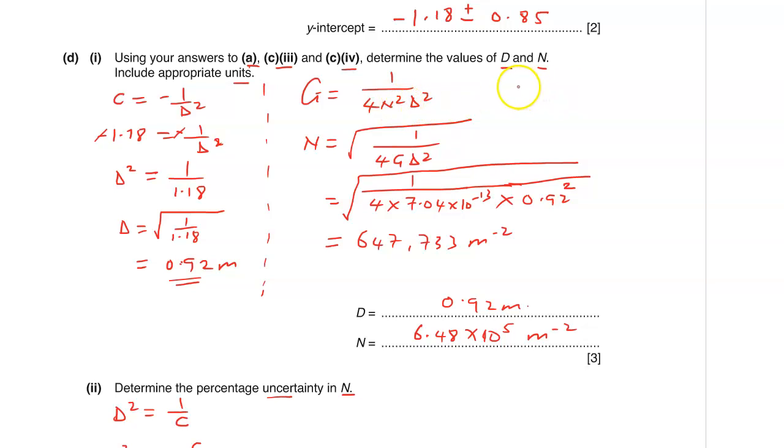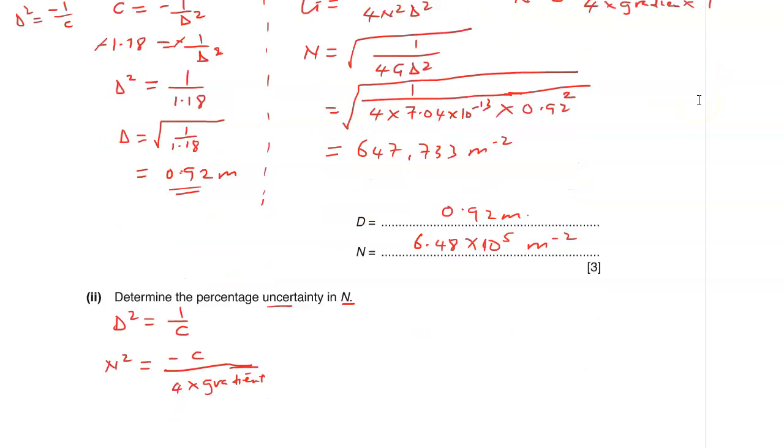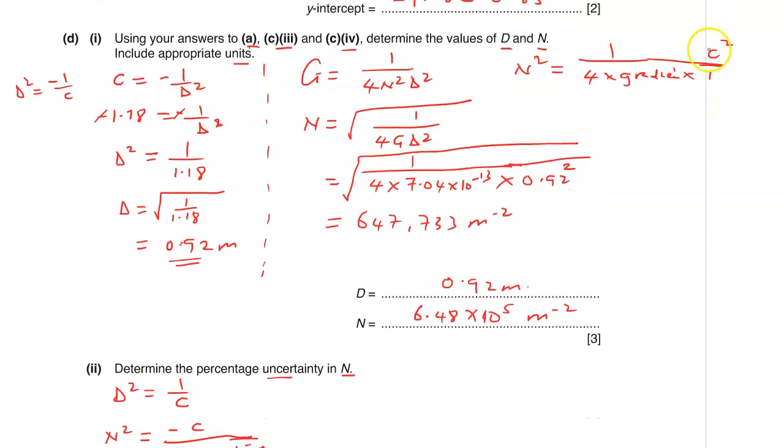So when you make N squared the subject, D squared is equal to 1 over C, so when you bring it down it becomes a multiplication. Actually, C is not squared.